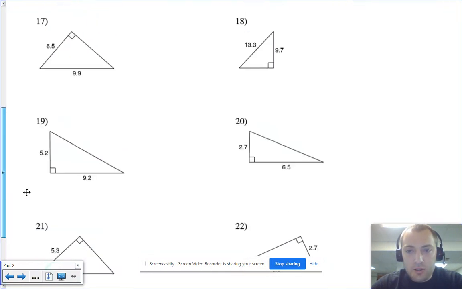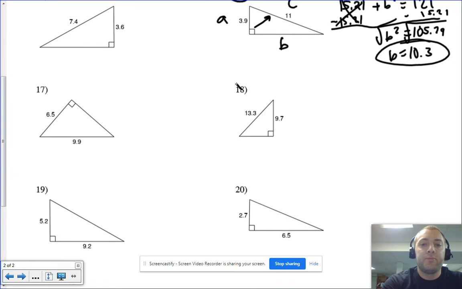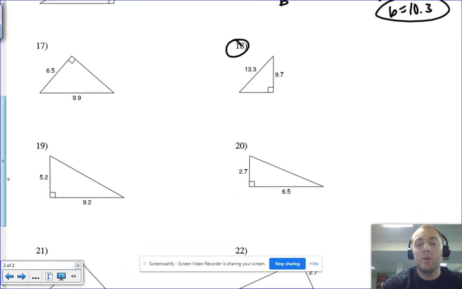I'd like to go to, let's just do number 18 right away. Okay. That'll give you a handful of them, and you can follow the same rule and check the other ones the same way. So using Pythagorean theorem to find a missing side, because again, these are right triangles, and the Pythagorean theorem only works for right triangles. And since we see that right angle, we know it's a right triangle, and we can also tell what the hypotenuse is right away.